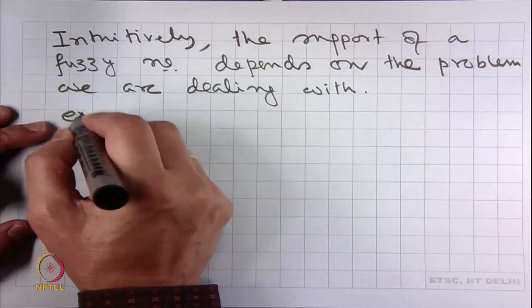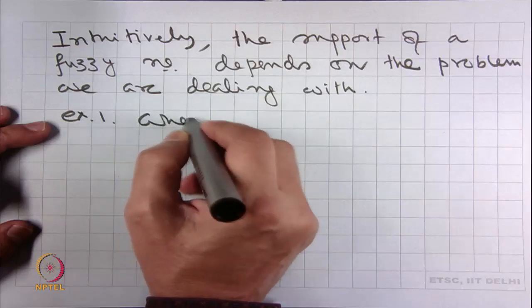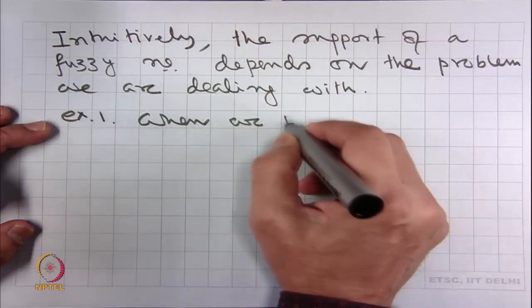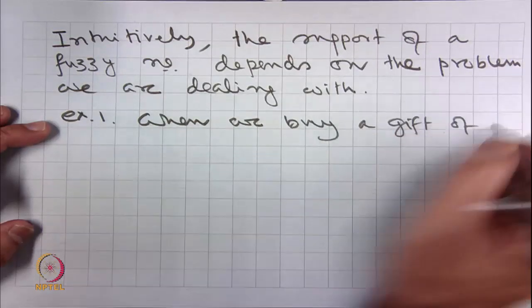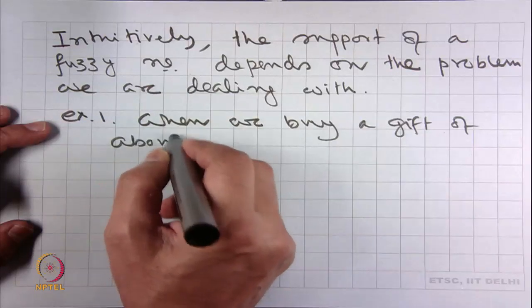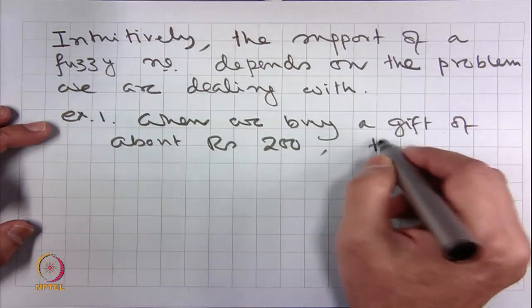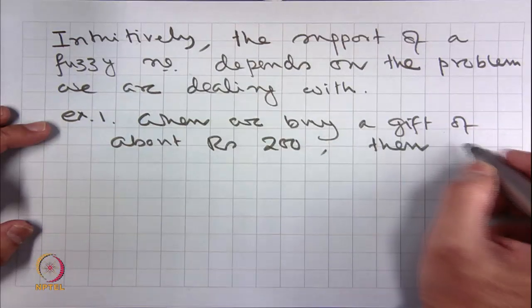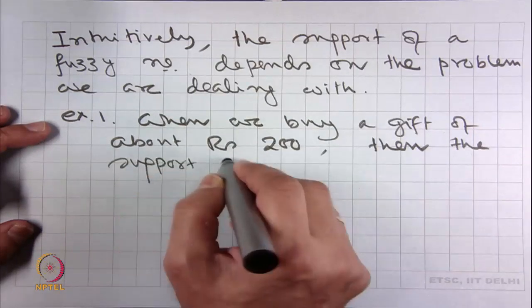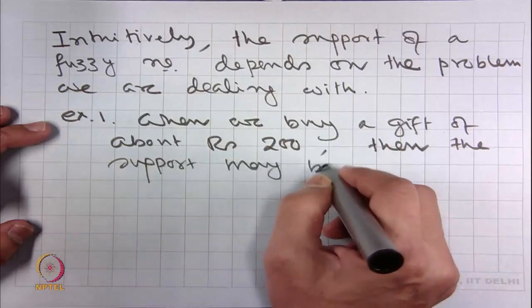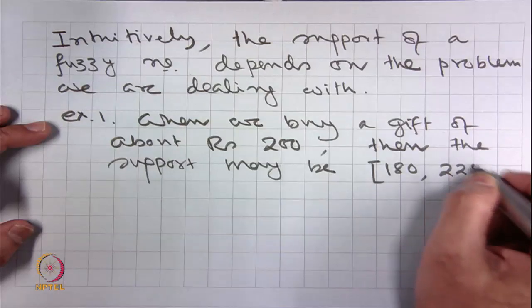Example: when we buy a gift of about rupees 200, then as we discussed earlier, the support may be say 180 to 225.